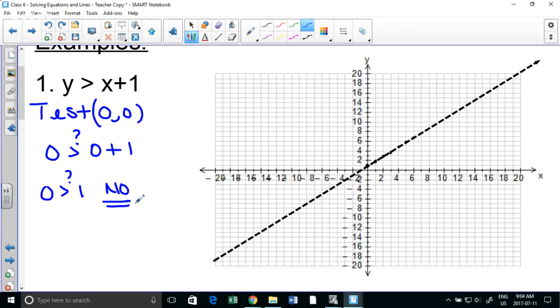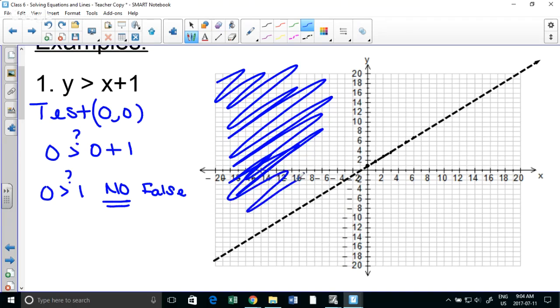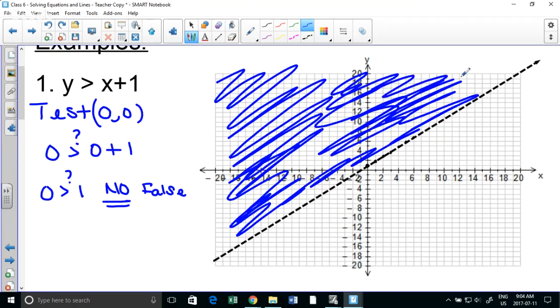No. This is false, so I do not want 0, 0 in my solution set. I shade the other half. 0 is below, so I'm going above. There's my region. Any point within the shaded region gives me a true inequality when I test it.